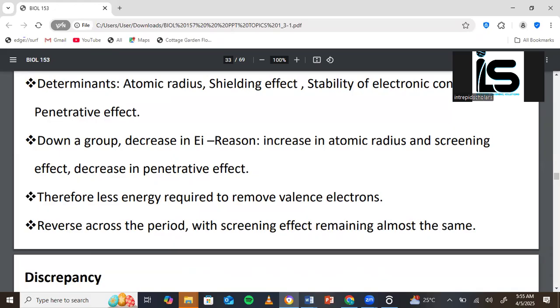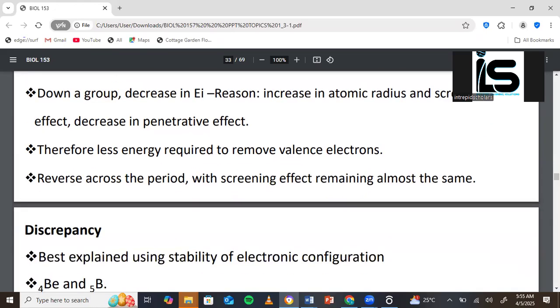As the size is increasing down the group, it's easier to remove. That's why the ionization energy decreases. But if you move across the period, the size is becoming smaller, it means that the outermost electrons are better pulled by the nucleus, and so it is very difficult to remove. So you need more energy to remove electrons.